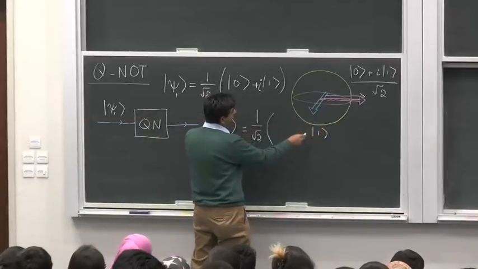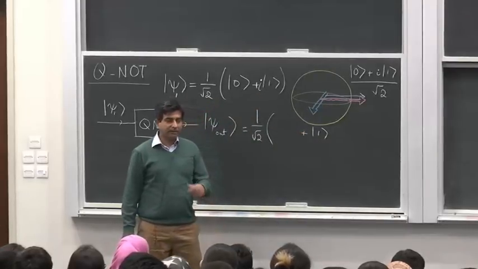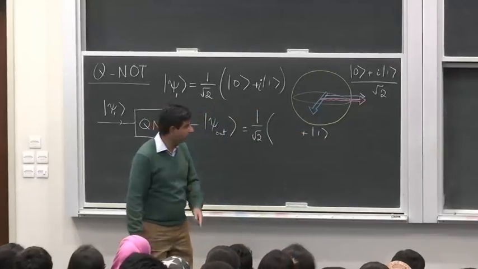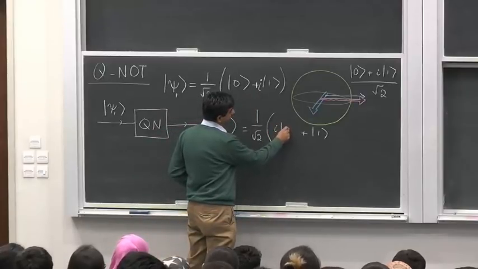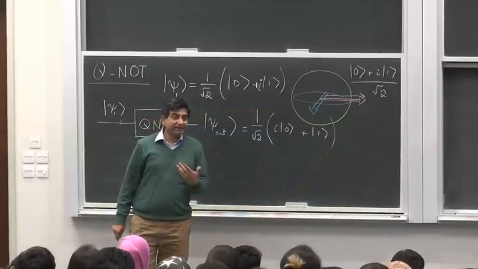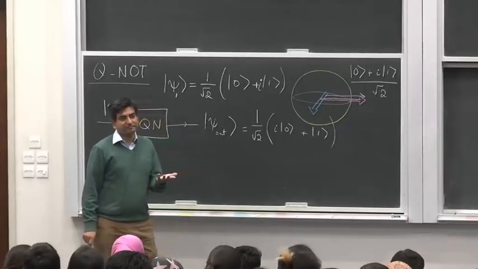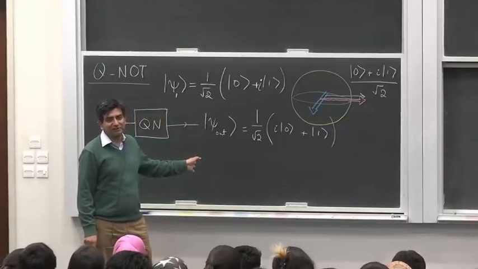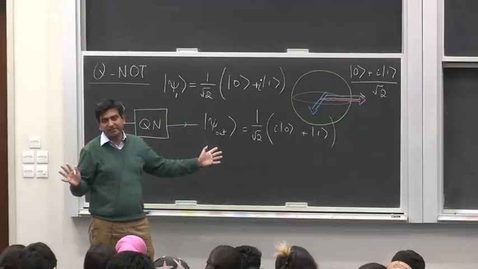What happens to ket 1? It becomes ket 0, and there's an i with it. So i ket 0. This is my desired output from an ideal quantum NOT gate. Correct? There is no calculus in this. This is simple algebra, simple conceptual thinking. Does it make sense?